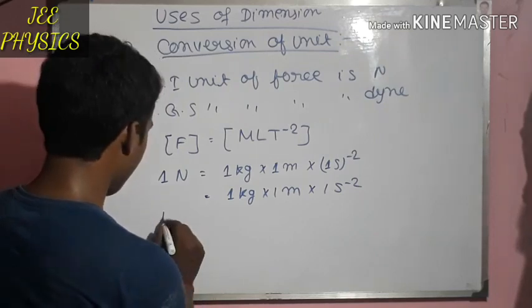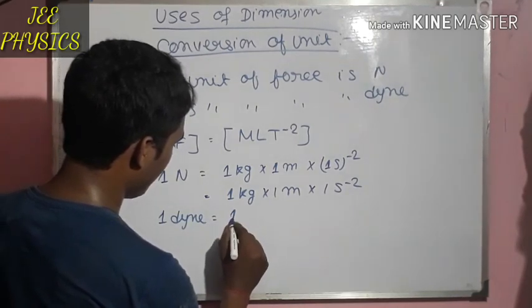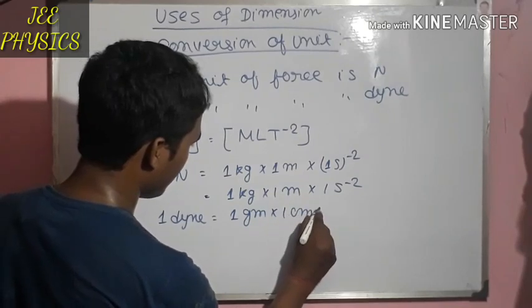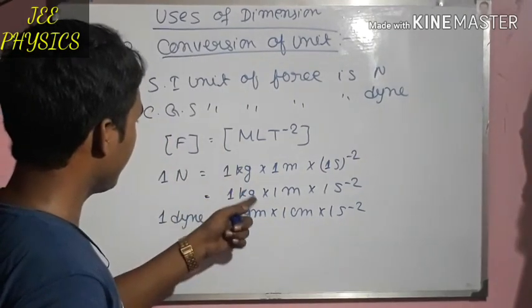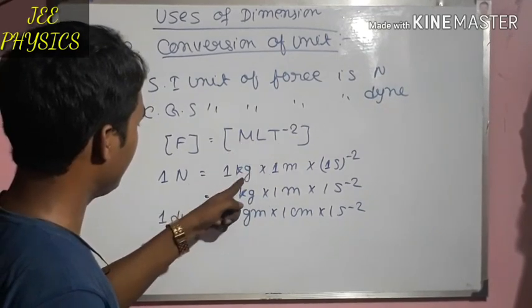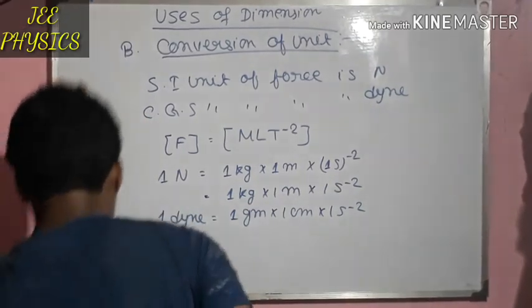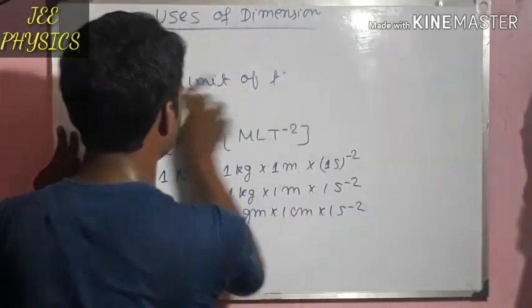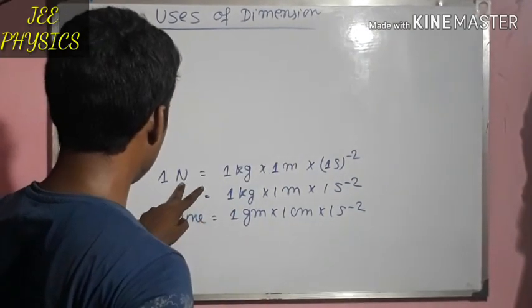And what is one dyne? One dyne should be 1 gram into 1 centimeter into 1 second to the power minus 2. Clear that I have written the unit as these quantities. Here I am using the dimension m, kg, l, meter, t to the power minus 2, second to the power minus 2. Now we divide these two.